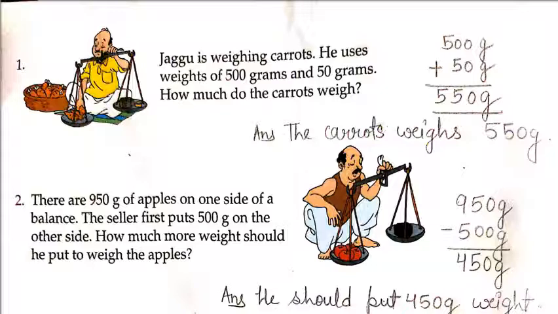Next, 0 plus 5 is 5, so we write 5 here. Now at hundreds place only 5 is there, so we write 5. So below the grams we write gram in the answer. So your answer is the carrots weigh 550 grams.